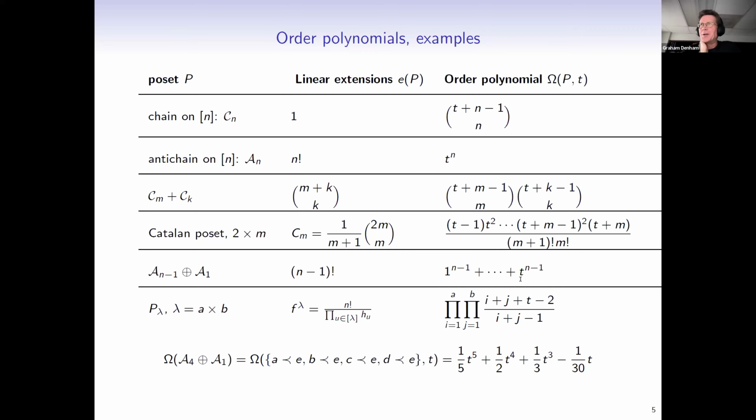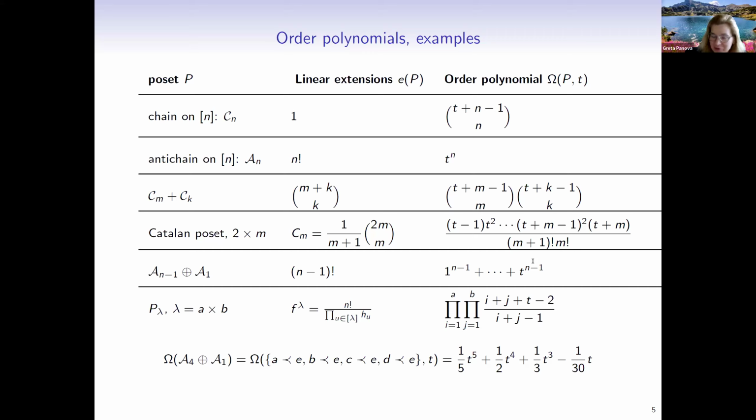The way it is written here, it's the sum of the integers 1 to the n-1, 2 to the n-1, and so on up to t to the n-1, which only works when t is, of course, an integer. Aha. But if you sum it up, it turns out it is a polynomial.